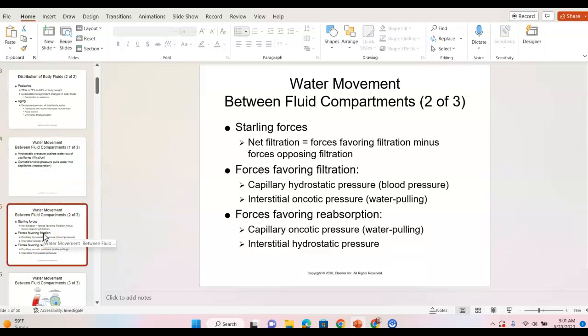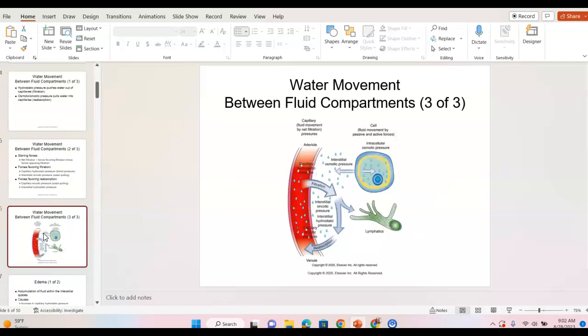Okay, so we push fluid out at the beginning of that capillary bed, we draw it back in to help balance the solutions in the bloodstream to send it back to the heart.